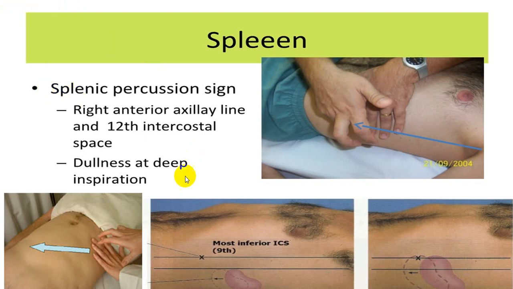When a person takes a deep inspiration and the spleen is enlarged, almost twice or thrice, then it is just palpable. So only in case of spleen enlargement will it be easy to percuss.